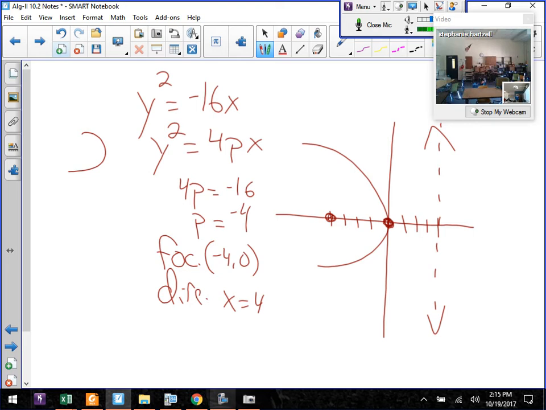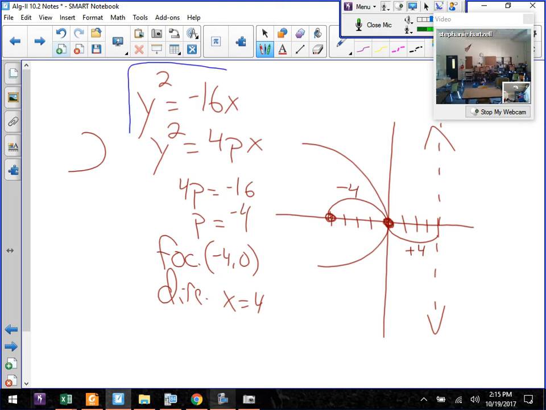Remember, the distance for the focus, you went left 4, which means the directrix has to go right 4. The center of these things is always going to be equidistant to both parts. Great question: what happened to the x?